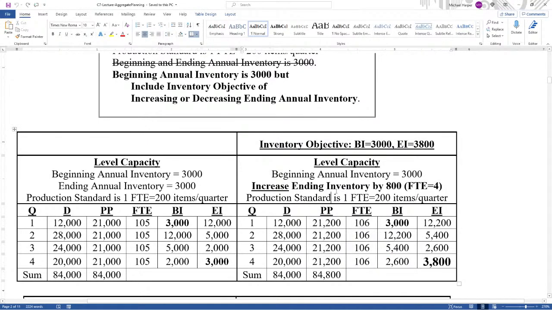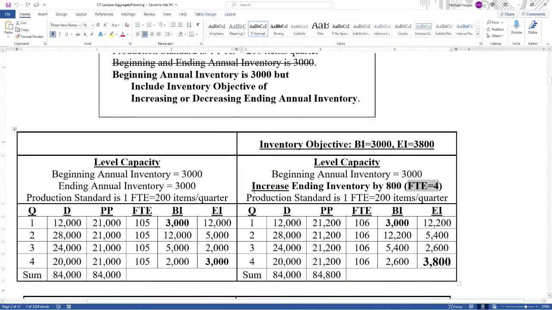Another way is to take this 800 that we want and divide the 800 by 4, which is 200, and spread that evenly throughout the year. Divide that by 200, and we have our FTEs. A third way is taking the increased inventory of 800 and dividing that by a production standard of 200. 800 over 200 is an FTE of 4, but this is a quarterly FTE standard, so this represents 4 quarterly FTEs.